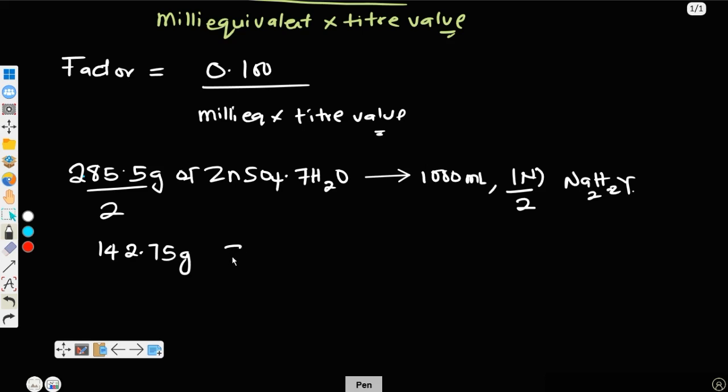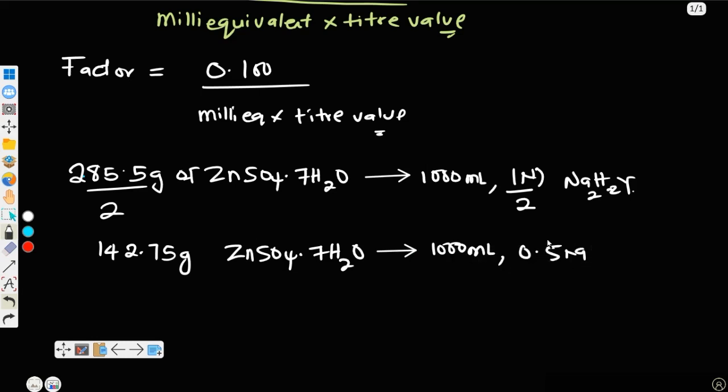Don't need to write off, just put zinc sulfate heptahydrate to give us 1000 ml of 1 molar sodium editate.